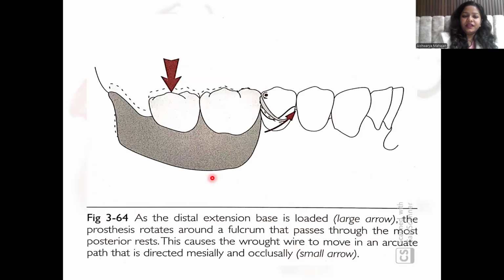In this diagram, we can see the omnidirectional flexure of the wrought wire retentive arm permits partial displacement of the apical forces. So we can see here the forces are dissipated because of the omnidirectional flexure that is given by the Rottweiler clasp.